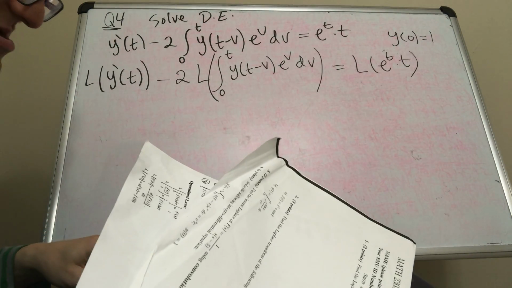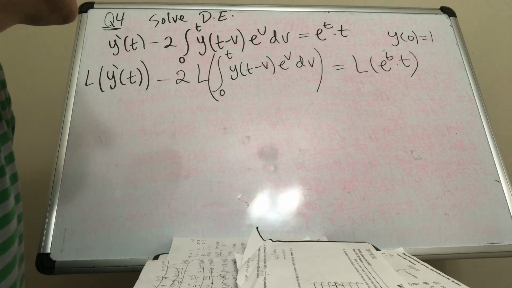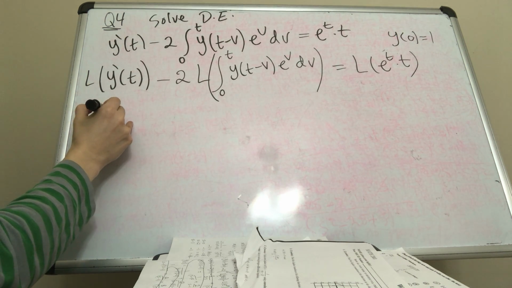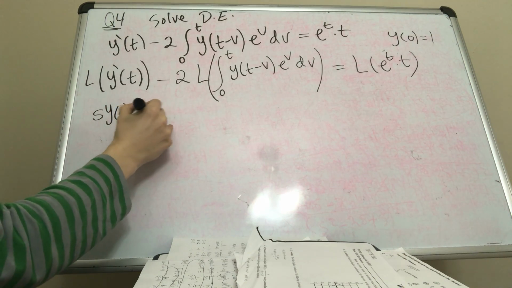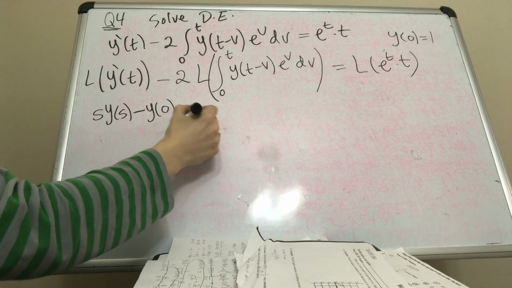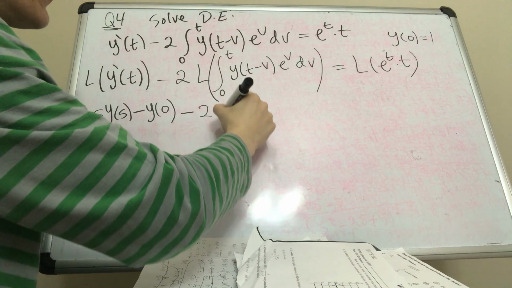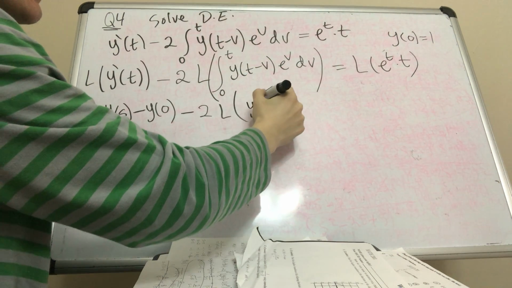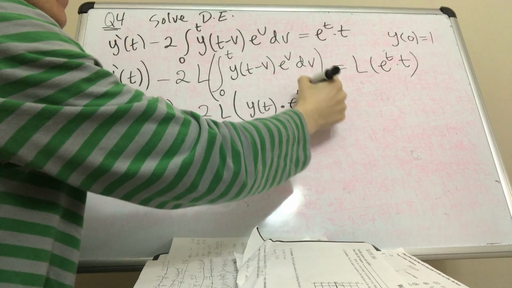Laplace for this one, you know the rule. You go s y of s minus y at 0. Laplace for the integral, I told you, you treat t minus v as t, and this would be e to the t.